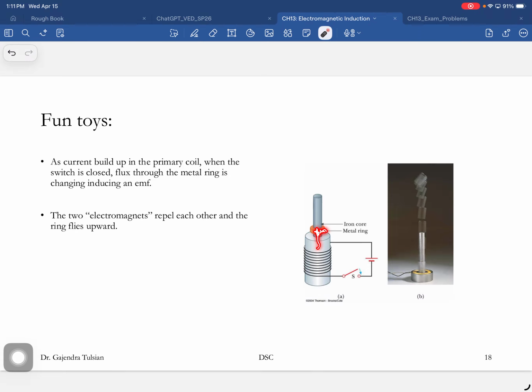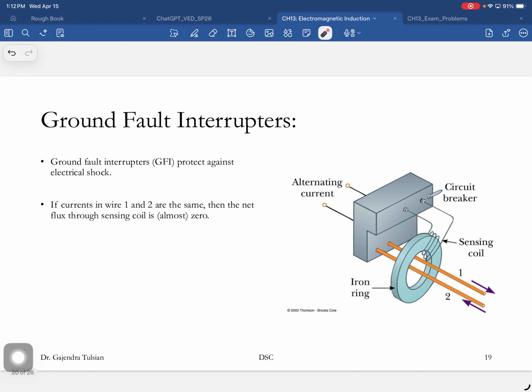So a current is induced for that flash while the magnetic field is changing, and that induced current is producing a magnetic field in the opposite direction. So it's like this electromagnet repels that electromagnet, and this guy can fly up. Okay, and when you close the switch, that ring can fly higher than this room. Okay, it's pretty spectacular.